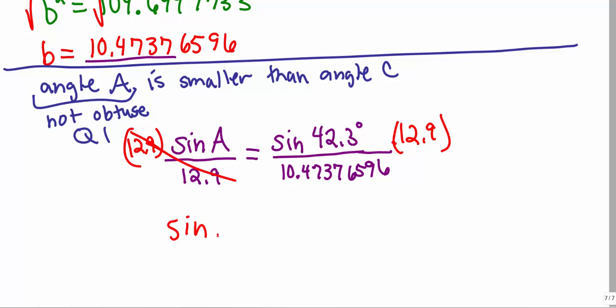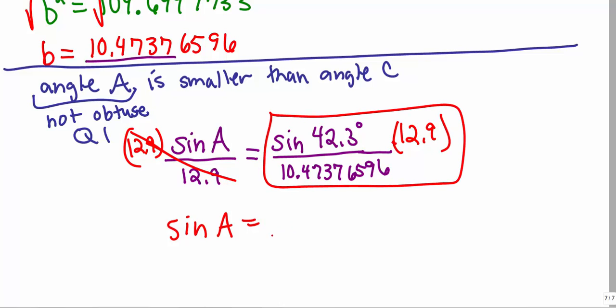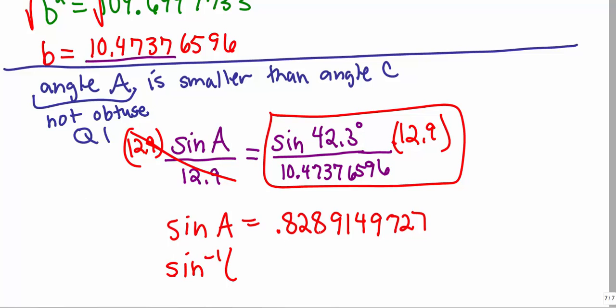So now we have that sine A is equal to, we're going to put all of this into our calculator, and what we should get is about 0.8289149727 approximately. And we don't know that sine value, so we will definitely be using our inverse function.